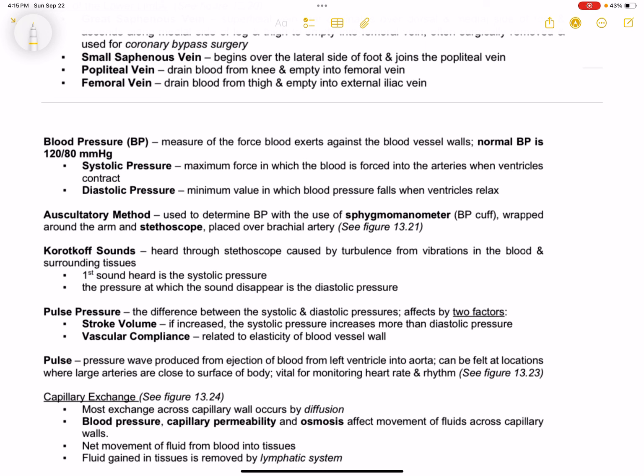Okay? So, ang systolic pressure is maximum force in which the blood is forced into arteries when ventricles contract. And ang diastolic pressure, minimum value in which blood pressure falls when ventricles relax. Diba, hambal ko sa last module. So, ang 120 amo na siyang systolic, ang 80 amo na siya ang diastolic.